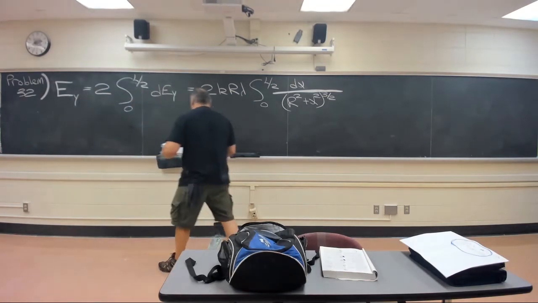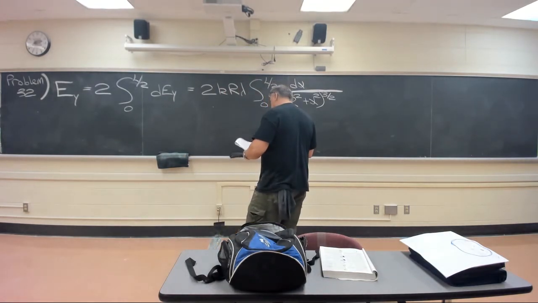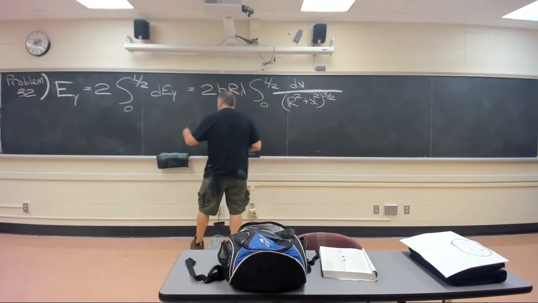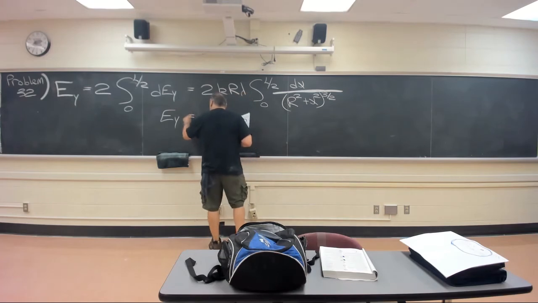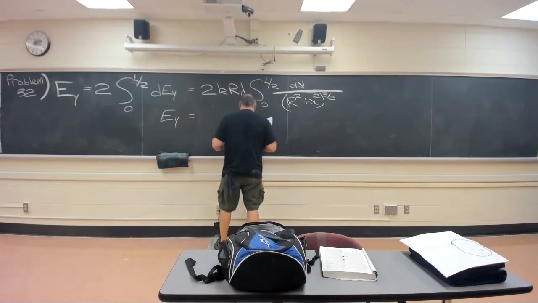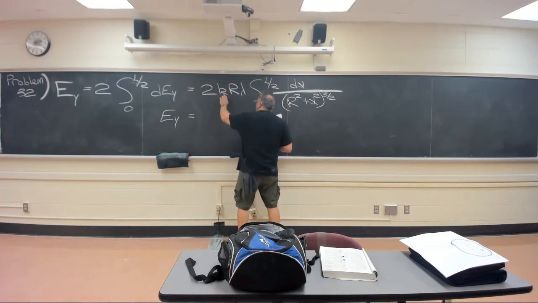Okay, so as we look at this, there's a 2 here. K, okay, let's do a bunch of things here. K is 1 over 4 pi epsilon naught. 2 times 1 over 4 pi epsilon naught is 1 over 2 pi epsilon naught.